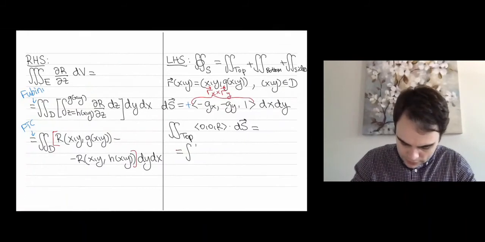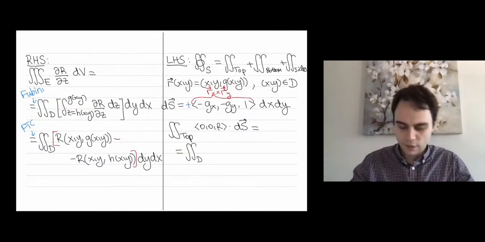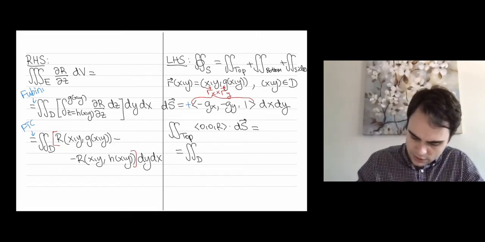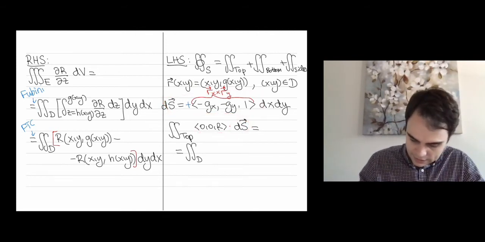Okay, now let's set up the double integral. The surface integral over the top is just the double integral over D of, well, can we just work out the dot product? So dS is here, and then we do this times that. I get 0 times this plus 0 times that plus r times 1.